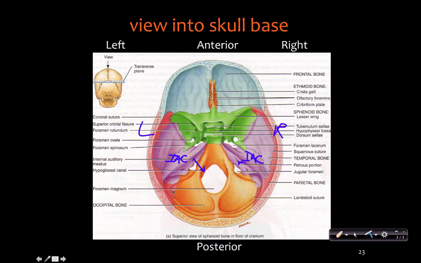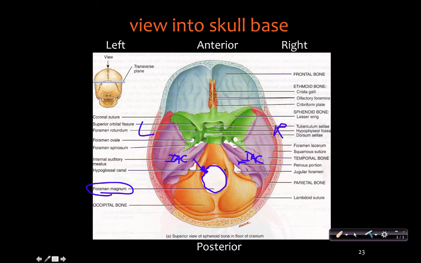Now, this big hole here, as you see labeled, is the foramen magnum, and there's nothing in it in this particular illustration. But in a real brain, the brainstem would be in there, and at this particular point, the auditory nerve, which would begin in the inner ear, would come out of the internal auditory canal and join into the brainstem right at about this point.